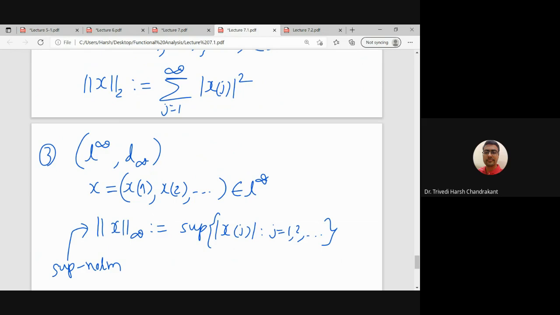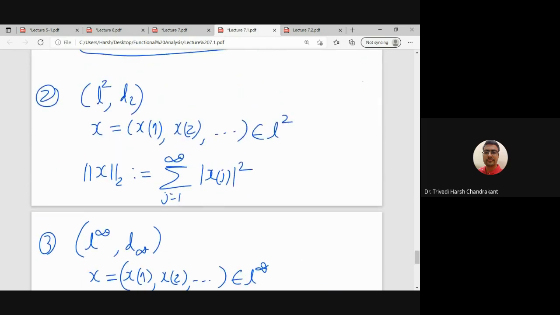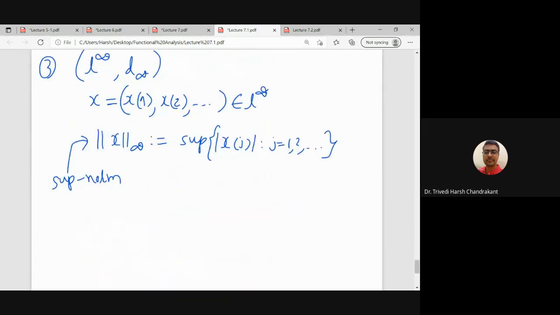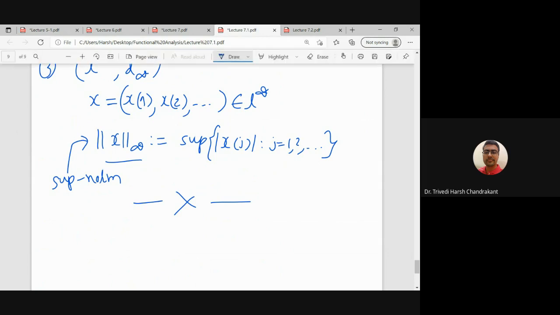So since d is a metric, we can use all its properties to verify that this function satisfies the properties of norm. That is quite trivial.